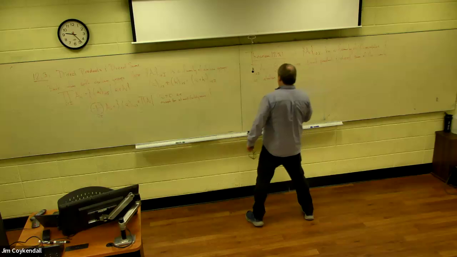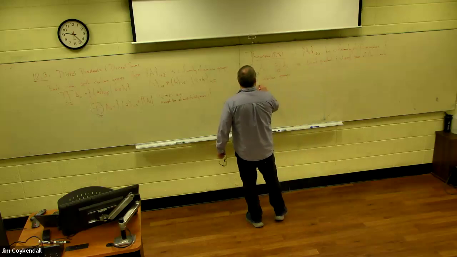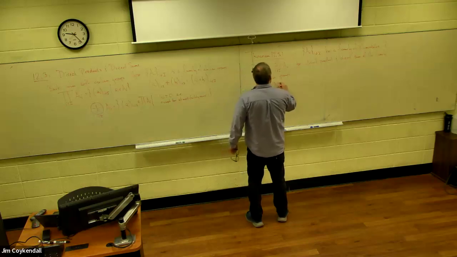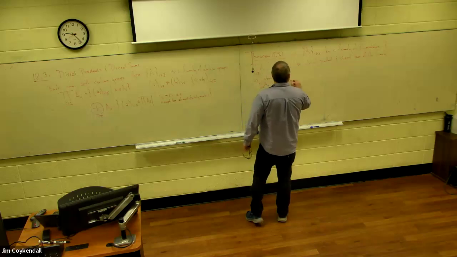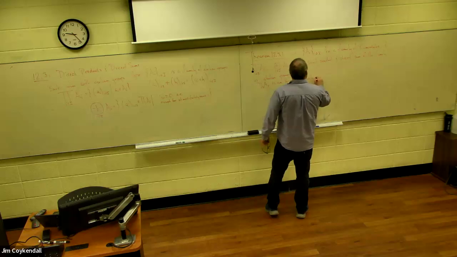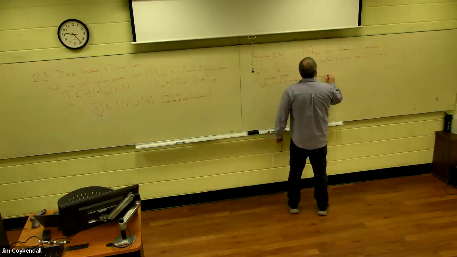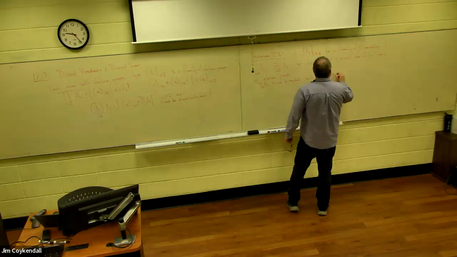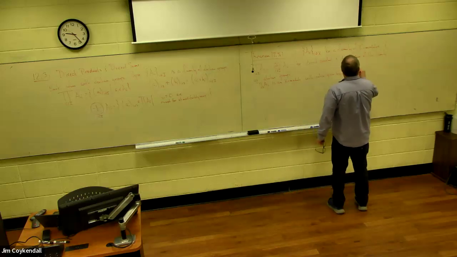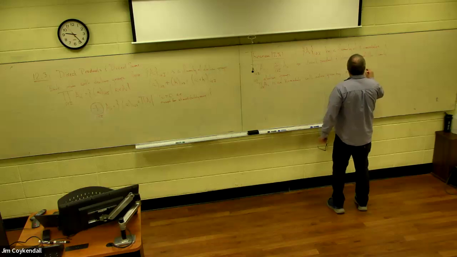Number one. The direct product of A_i is an R module with action given by r times (a_i).